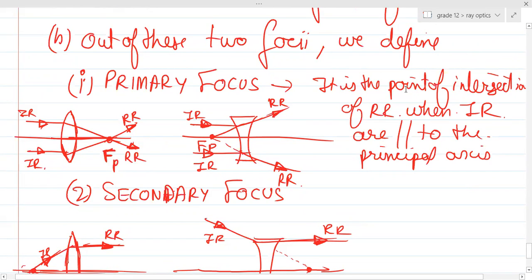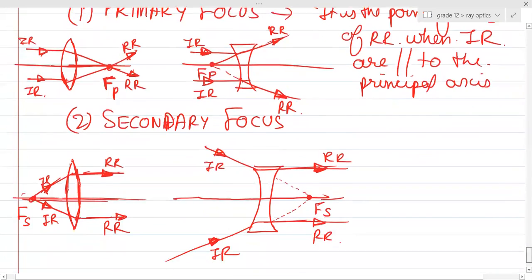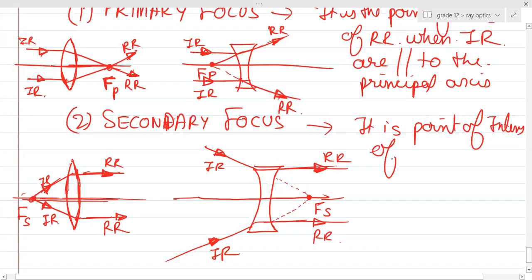Primary focus was basically the point of intersection of refracted rays when incident rays are parallel to the principal axis, and secondary focus is the point from which the incident rays originate and travel, for which the refracted rays will become parallel to the principal axis.